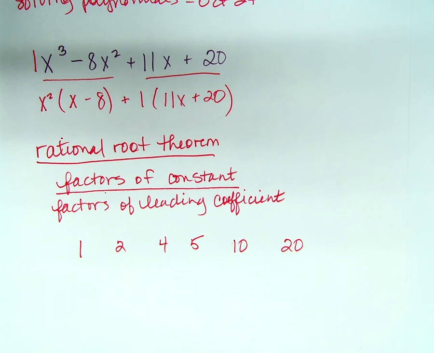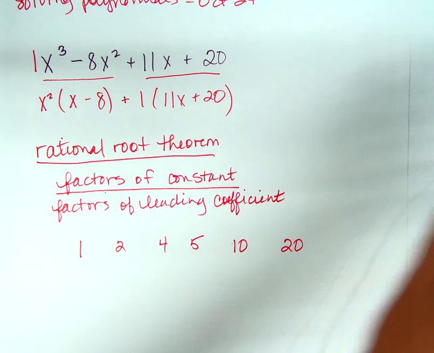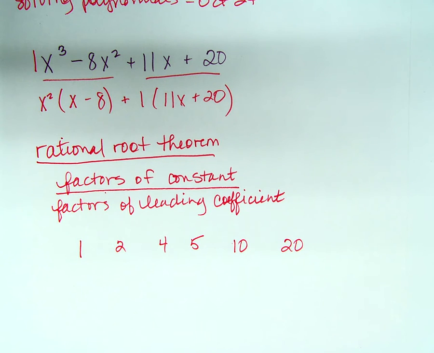Now, I need to argue with you a little bit. Because all the factors of 20 are yes, 1 and 20. But what about negative 1 and negative 20? Doesn't that also work? Yes or no?